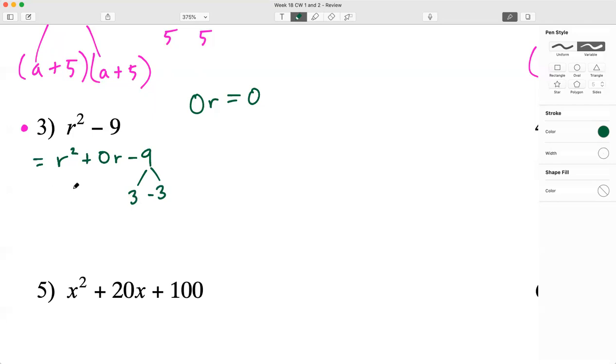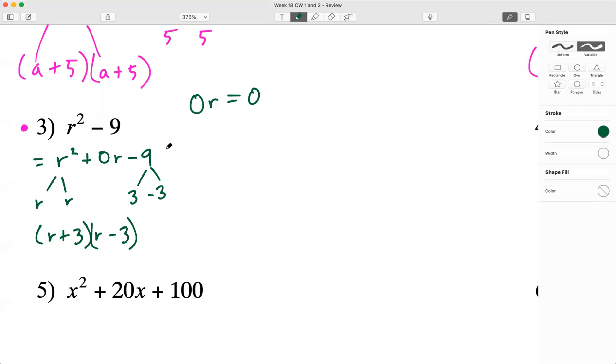Okay, so that means, oh yeah, and we split this into factors as well. Can't forget that. Our answer is going to be r plus 3 times r minus 3. Okay, so that is how you factor the difference of two perfect squares.